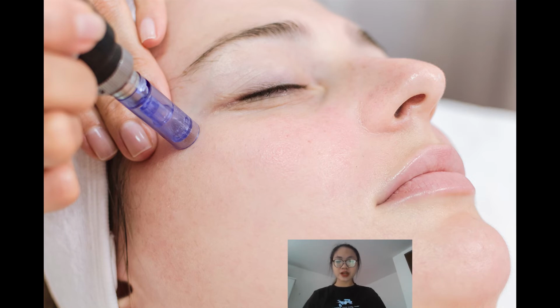Platelet-rich plasma. The past decade has also seen the emergence of platelet-rich plasma (PRP) as a treatment option for rejuvenating the skin's appearance.